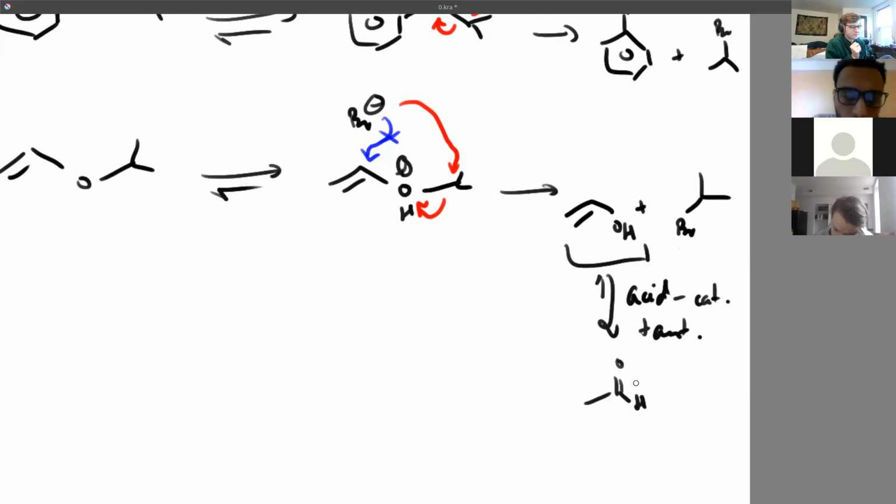You will see a lot of keto-enol tautomerization this semester, like a lot of it. So I'll spare you the mechanism now, and I don't think you're going to be expected to know it for now. You will see plenty of it in April.